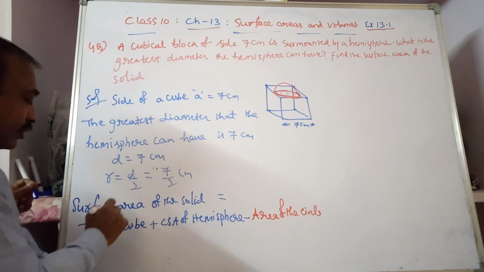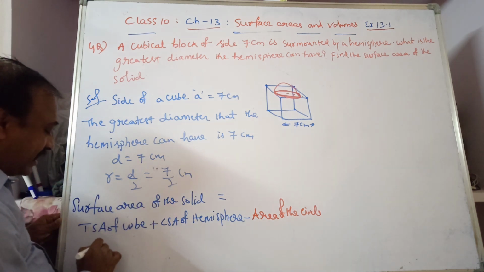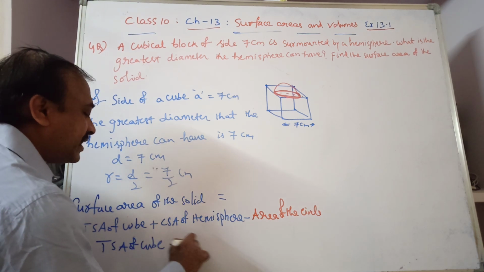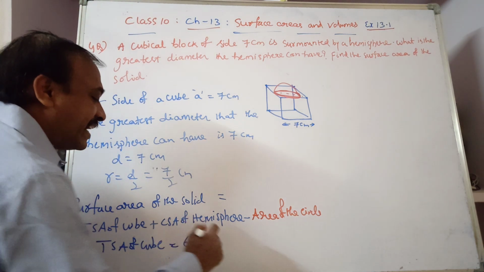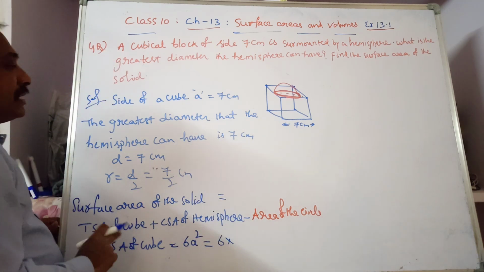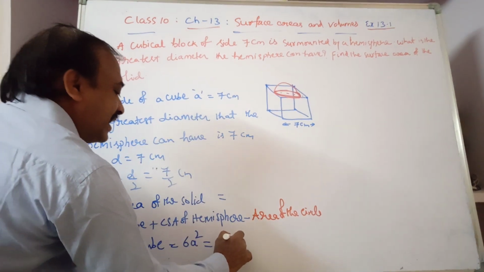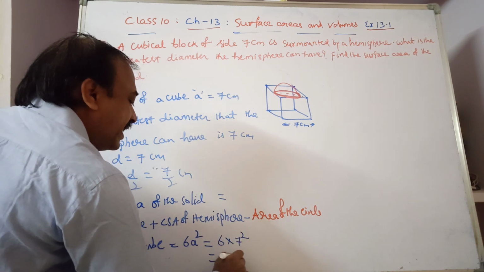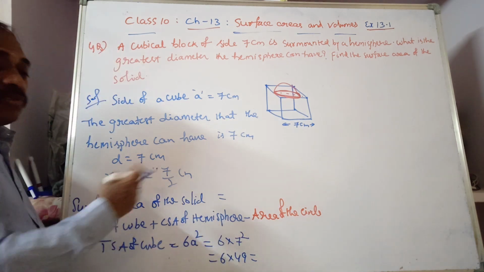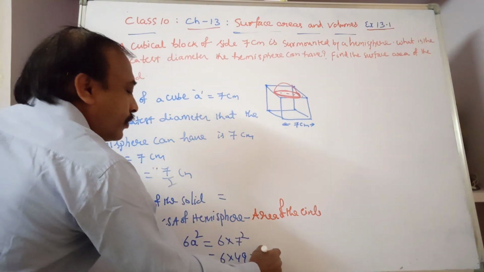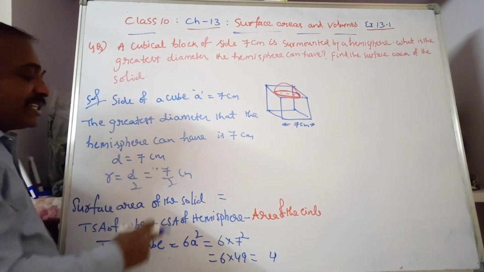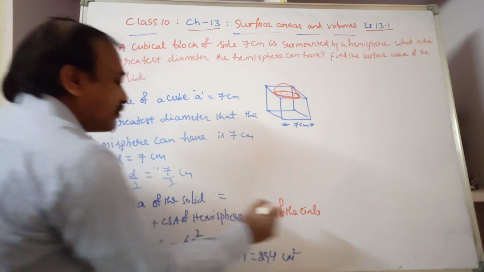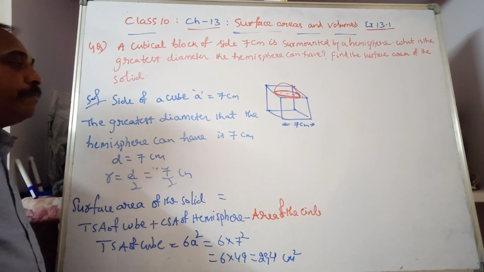TSA of cube is 6a square, which is 6 into 7 square, which is 6 into 49. 6 nines are 54, 5 is left over, 6 fours are 24 plus 5, which is 294 centimeter square. This is the surface area of the cube.